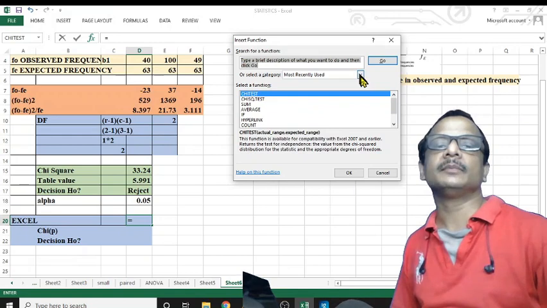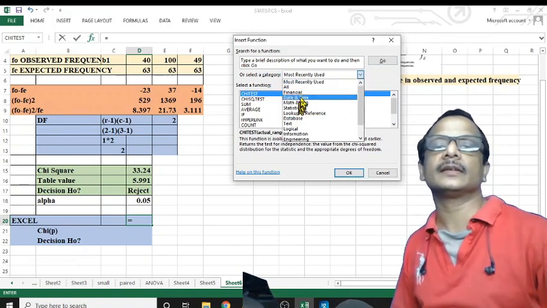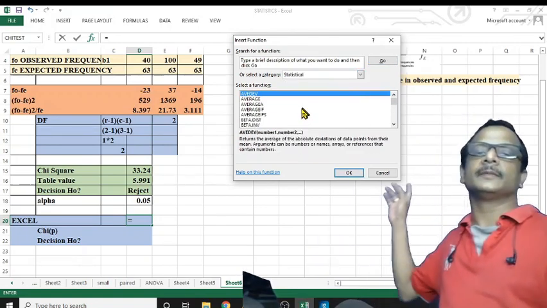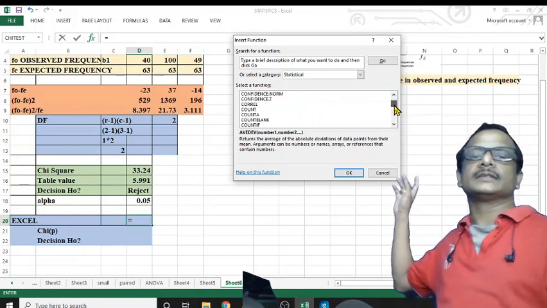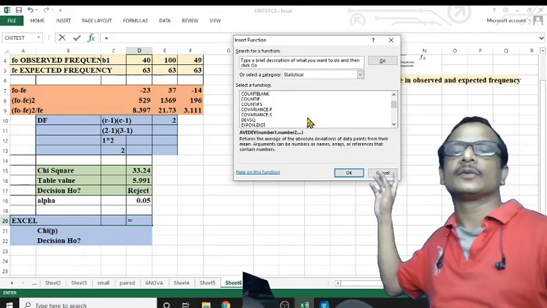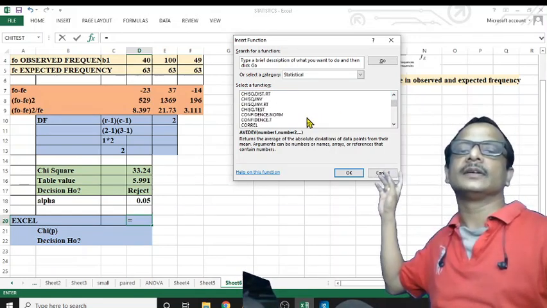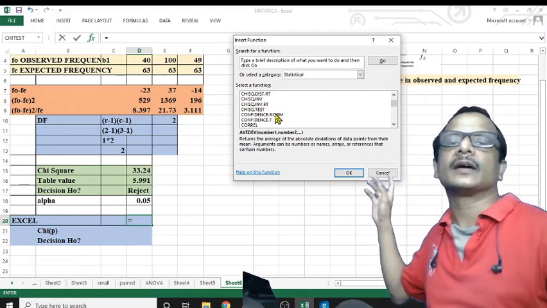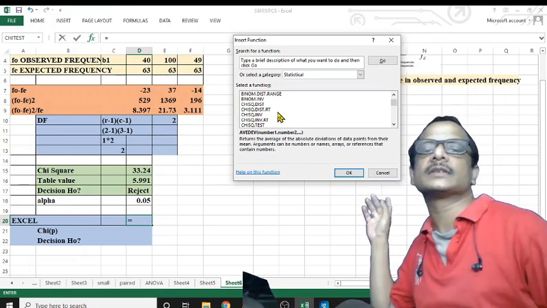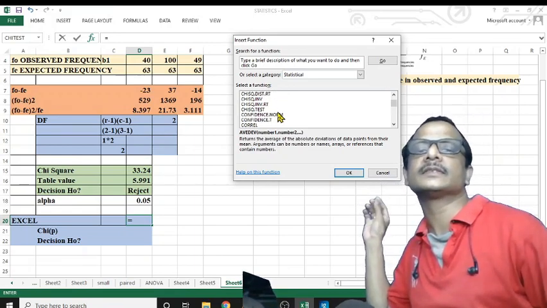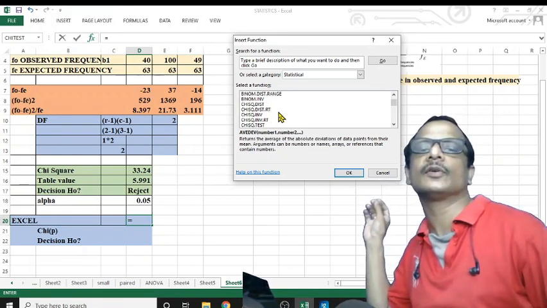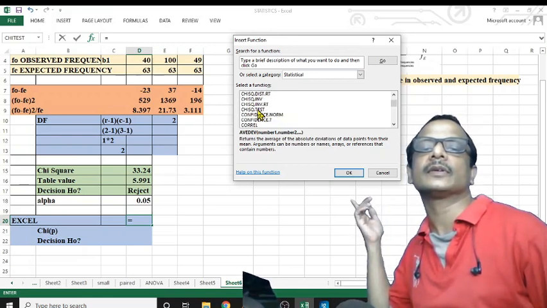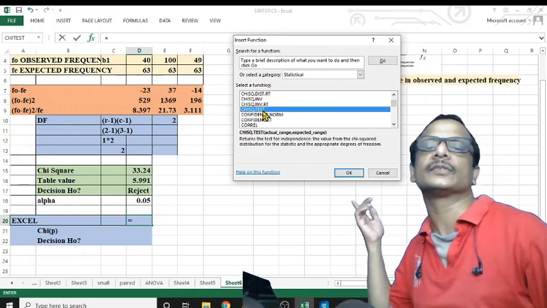Here it is available in the statistical category. Among CHI test, go for the list. There are different types of chi-square test, in which CHI test is there. Just go for the CHI test, or chi-square test.